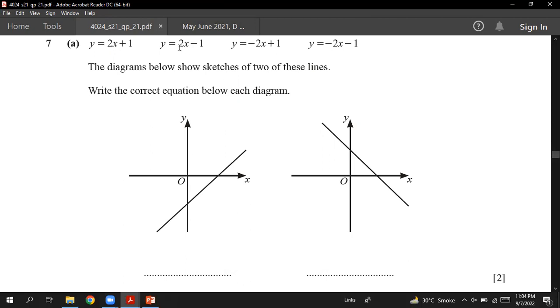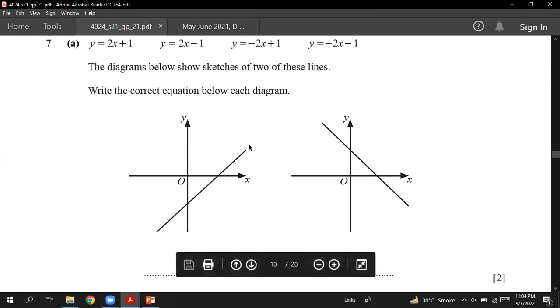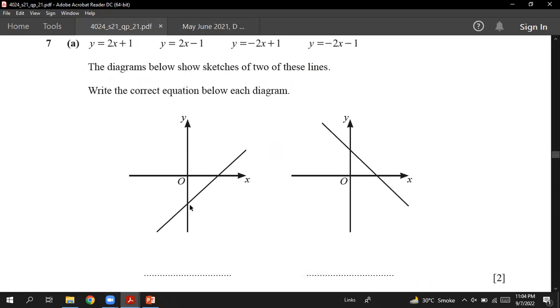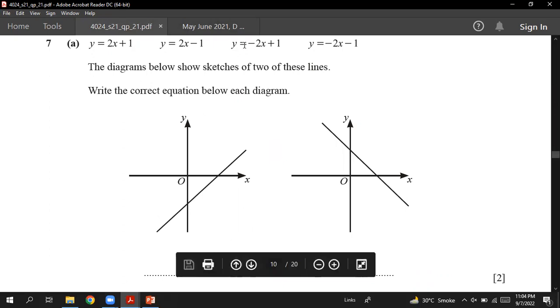So the coefficient of x is the gradient and c is the y-intercept. This line, when you move to the right, it's going upward, so its gradient is positive. Its y-intercept is a negative number. So this is y = 2x - 1.